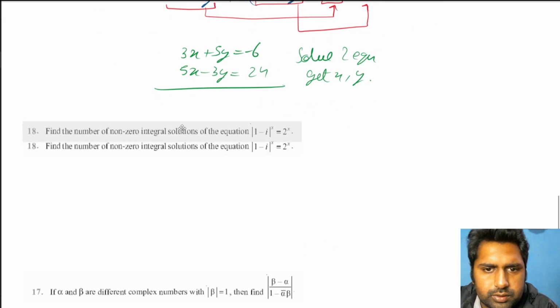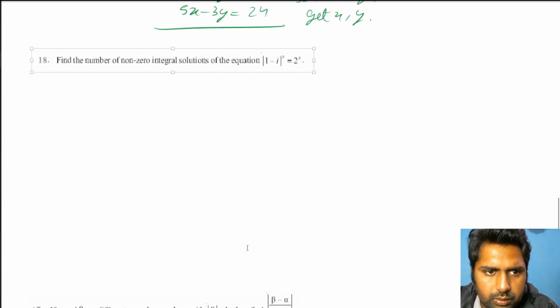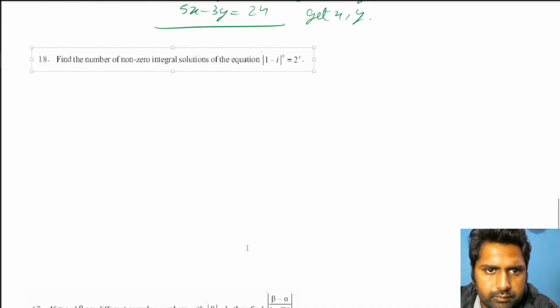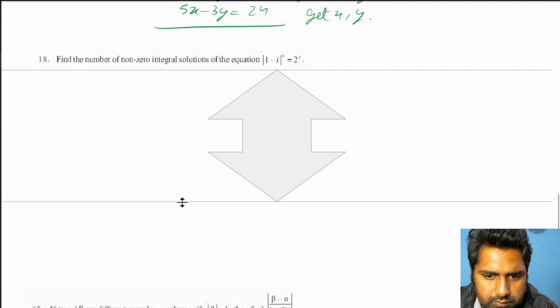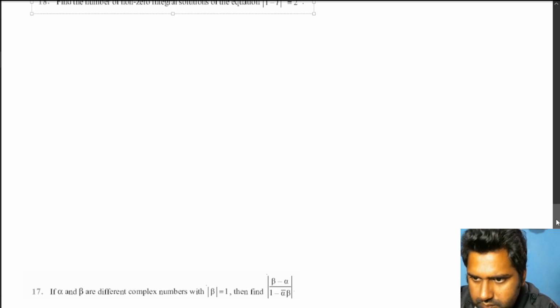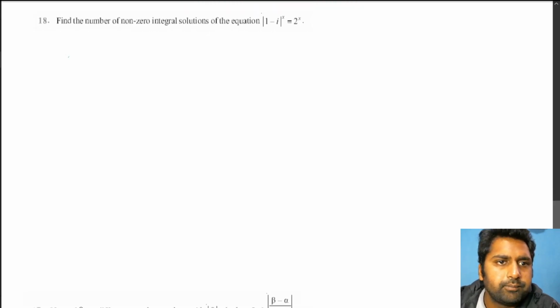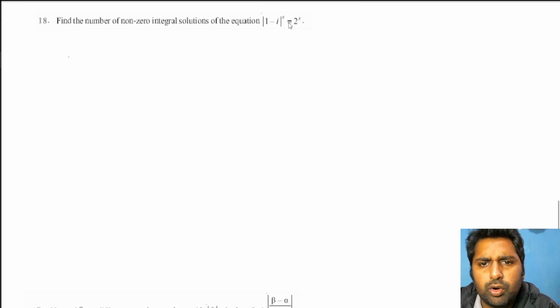The 18th is a good one. This one is saying modulus of this should be 2 raised to power x.